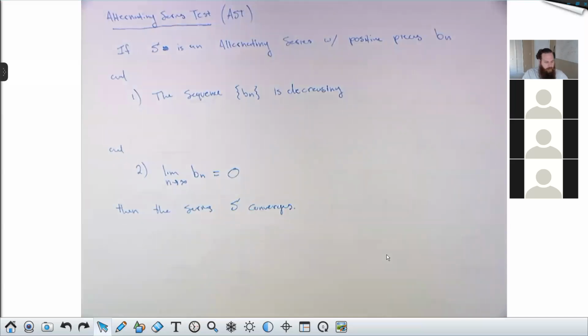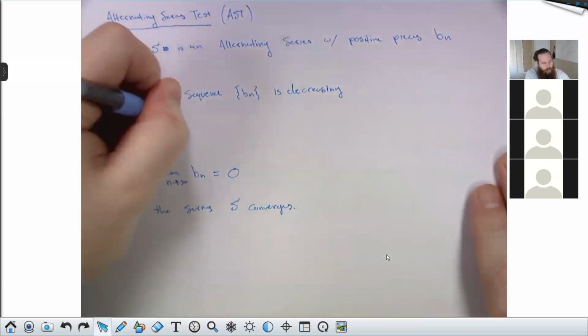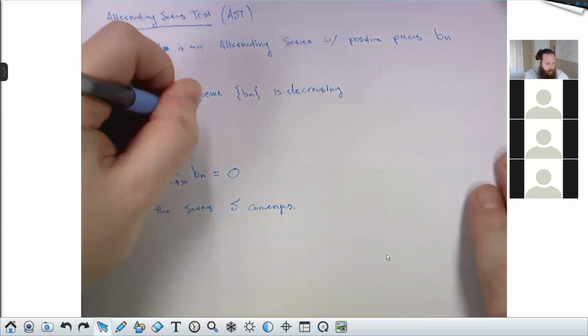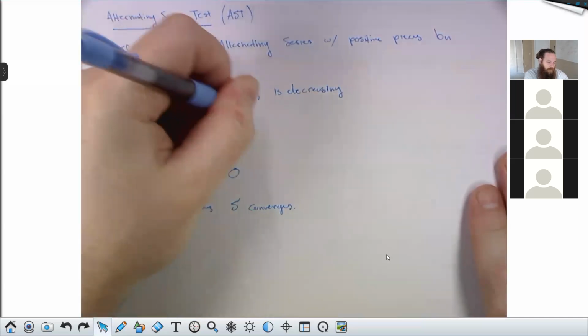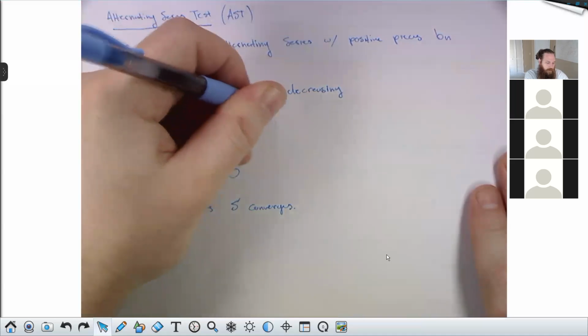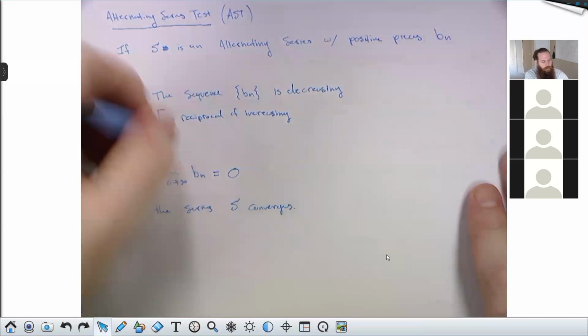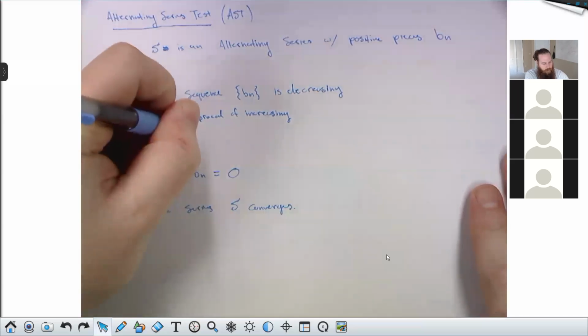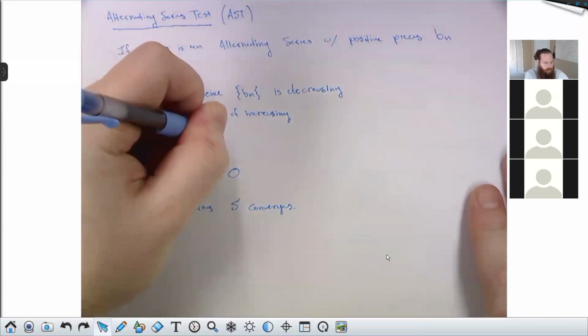Really quick, I want to mention that there are several ways to show a sequence is decreasing. The easiest way is it could be the reciprocal of an increasing sequence. Second, you could show that the derivative, Bn prime, is negative.